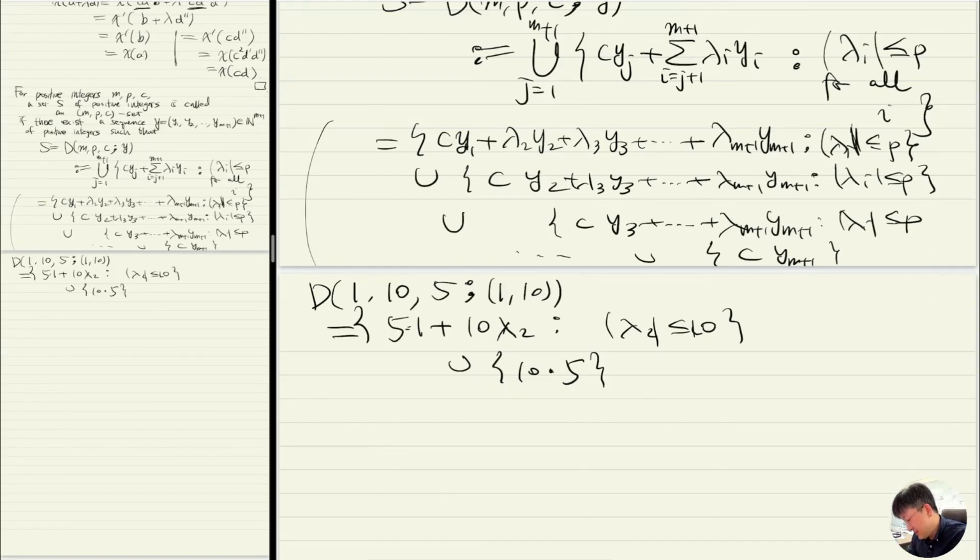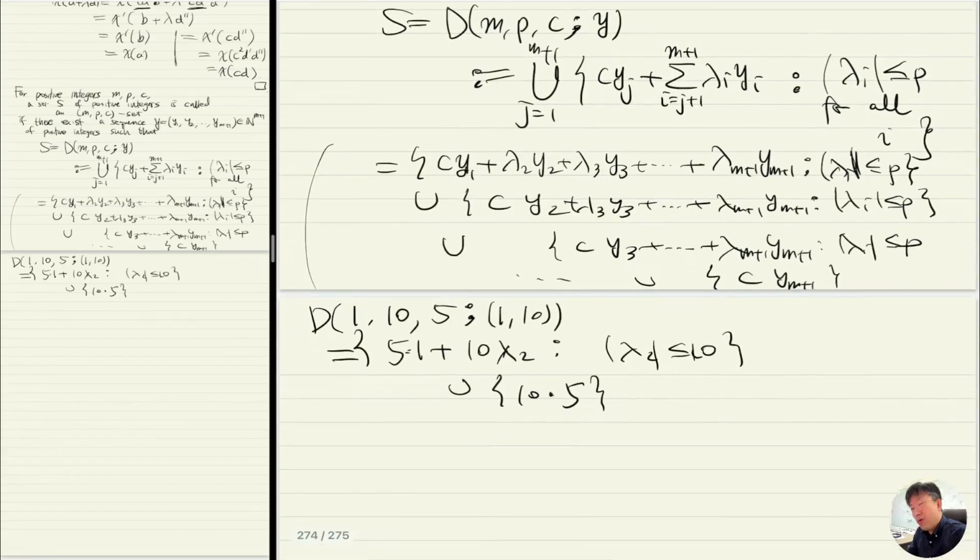So it's a set of positive integers. In a sense, it's more of a concept. It is a concept that generalizes the arithmetic progressions, right? So when m is 1, then this is really arithmetic progressions, except you also want c times the difference to also have the same color.